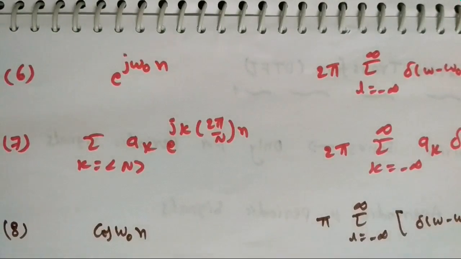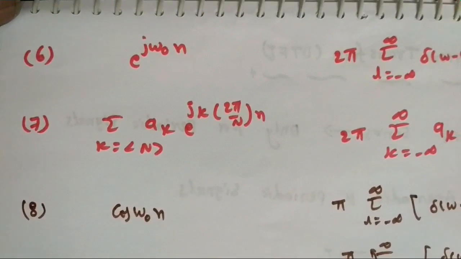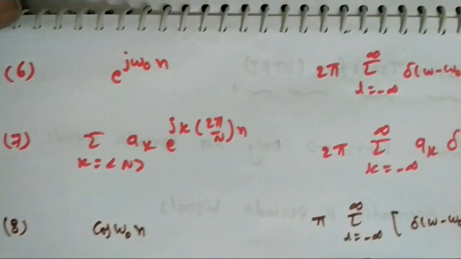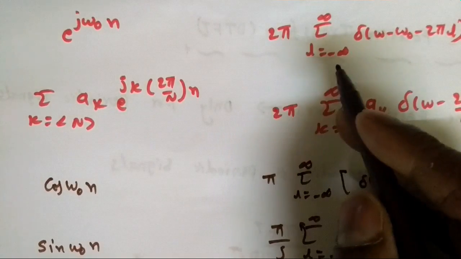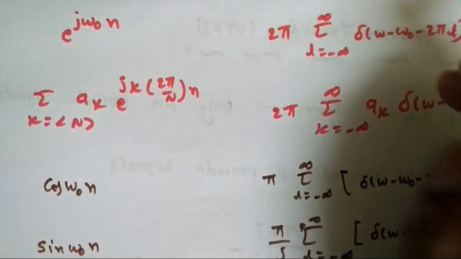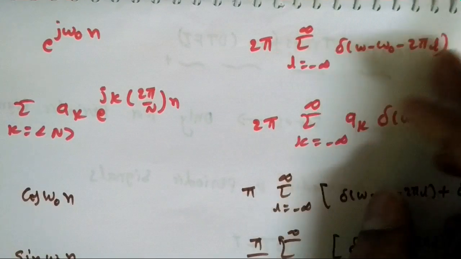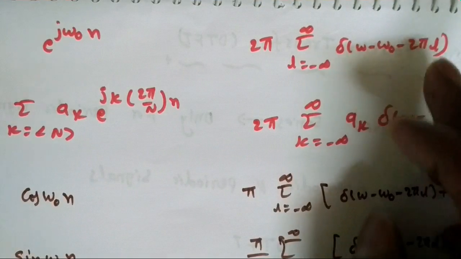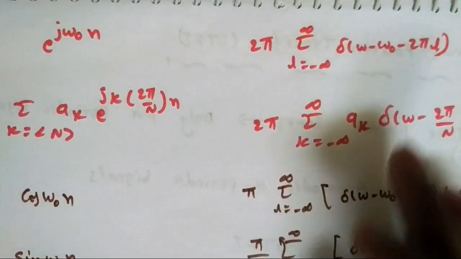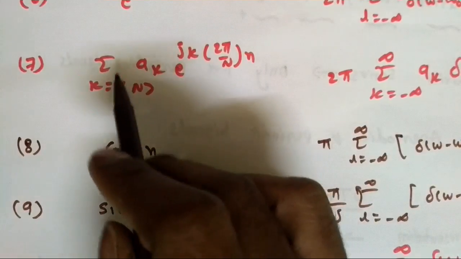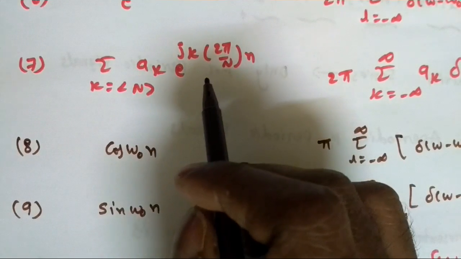The next one is the periodic signal, that is e^(jω0 n). What was the Fourier transform? 2π sum over l from minus infinity to infinity. There is a shifting, so that here we get ω minus ω0, but it should be periodic, so that's why minus 2πl. And the period is 2π. Now consider harmonically related exponentials.